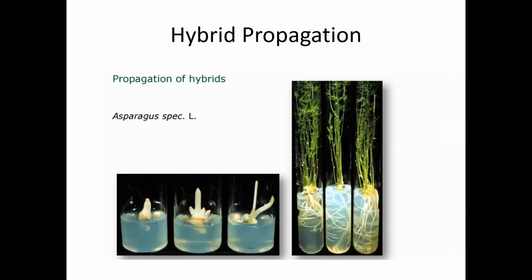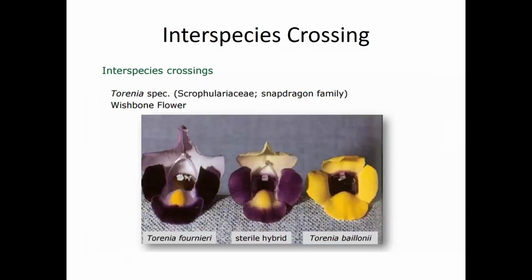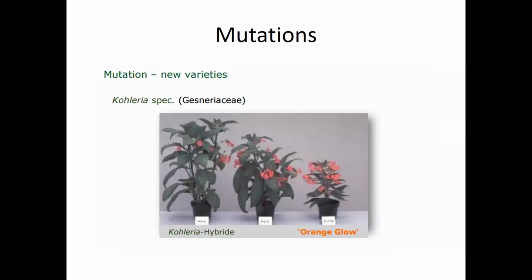So hybrid propagation also can be done by using tissue culture in the case of asparagus or like that. Hybrids are very important. Interspecies crossing: sometimes crossing different species cannot be done, but protoplasts you can fuse and then grow, and you can get different colors of flower. Mutations can be done.